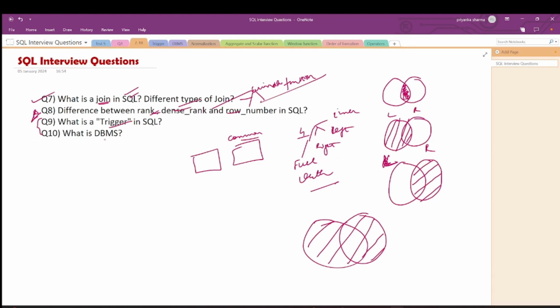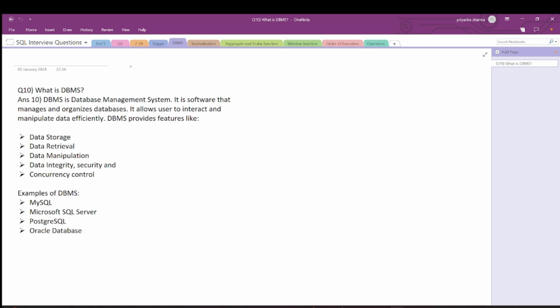Now next question is, what is DBMS? Okay, so we know the full form of it. It's database management system. But what does it do? It's software that manages and organizes your database, and it allows the user to manipulate data efficiently.